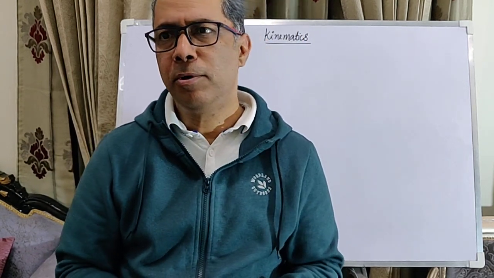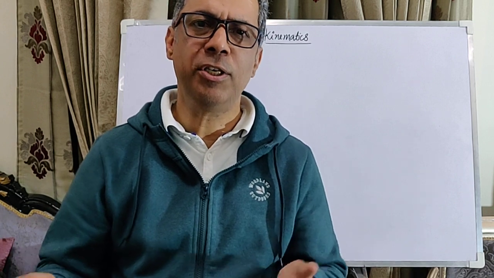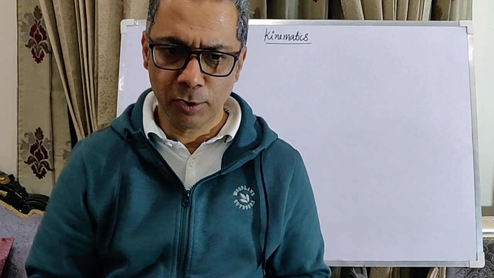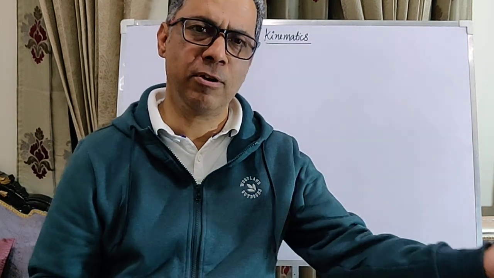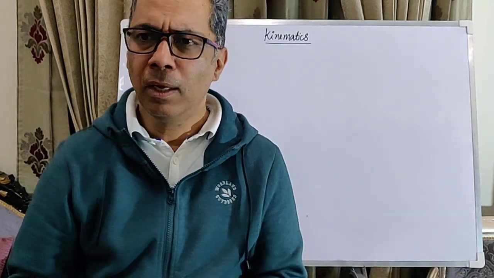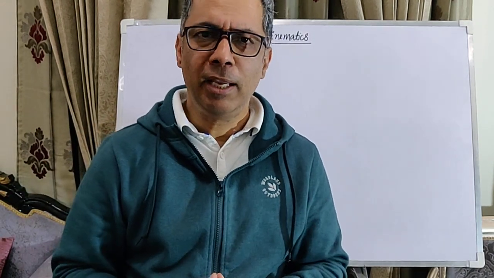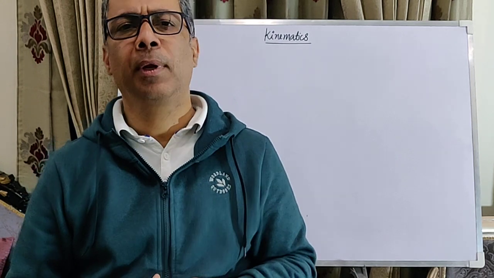Generally speaking, motion is a term we use to describe the changing of position of an object along with the passage of time. So if time is passing and the position of an object is changing with reference to maybe the surroundings, then we say a motion is taking place.